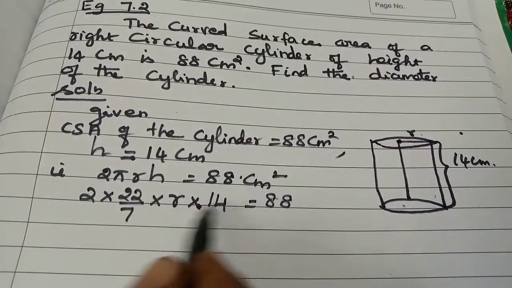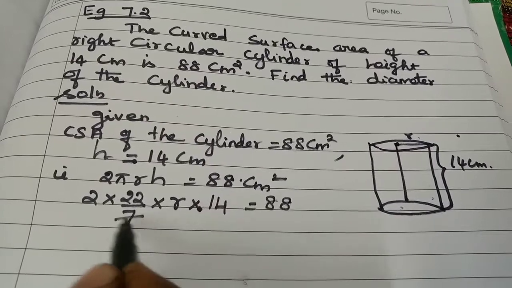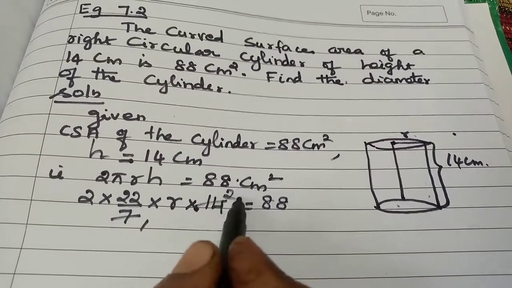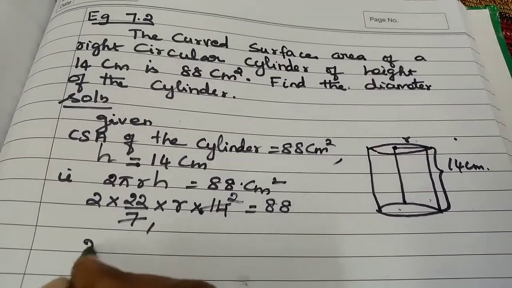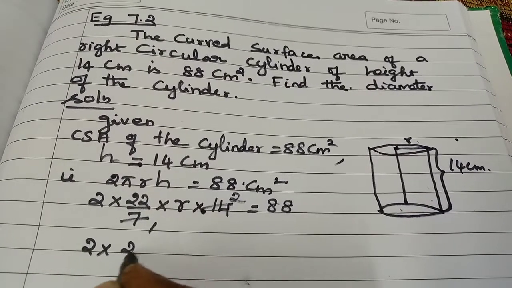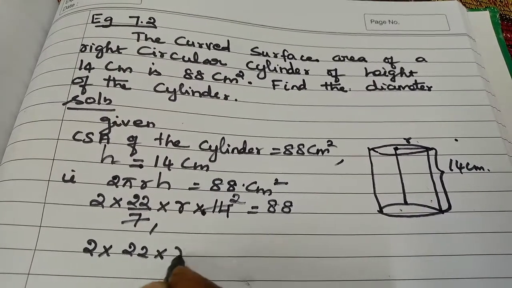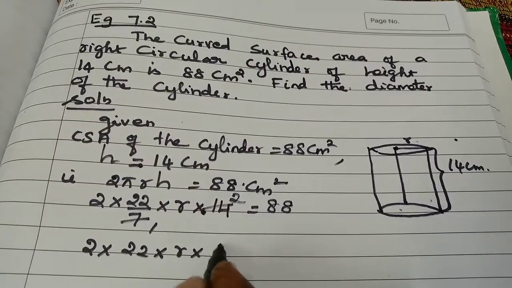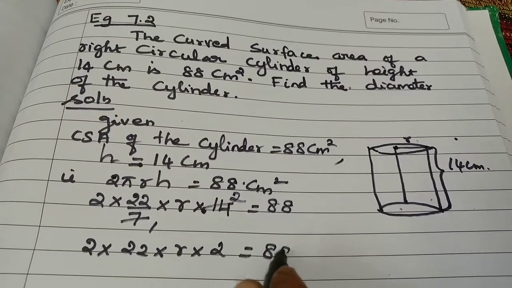Here this 7 and 14 can be cancelled. 1 7 is 7, here 2. Remaining we have to multiply: 2 into 22 into r into this 2 is equal to 88.